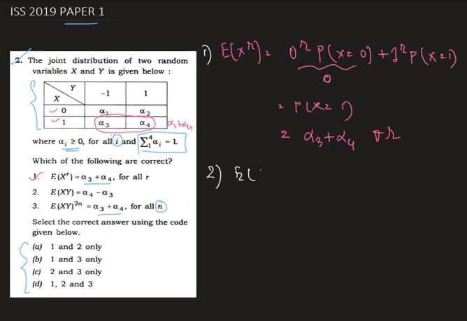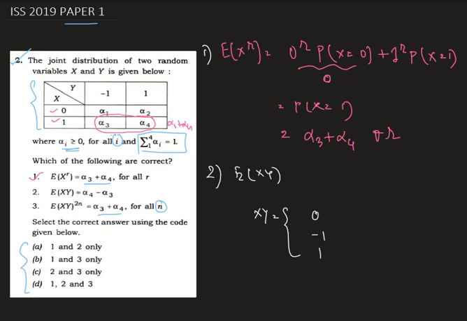Statement 2 says that expectation of xy is equal to alpha 4 minus alpha 3. Now the product xy results in 0, minus 1 or plus 1.